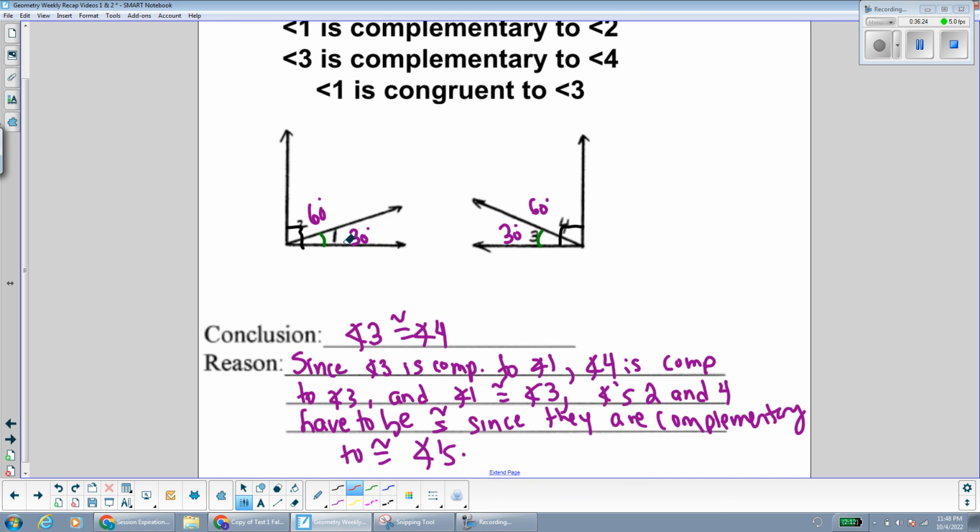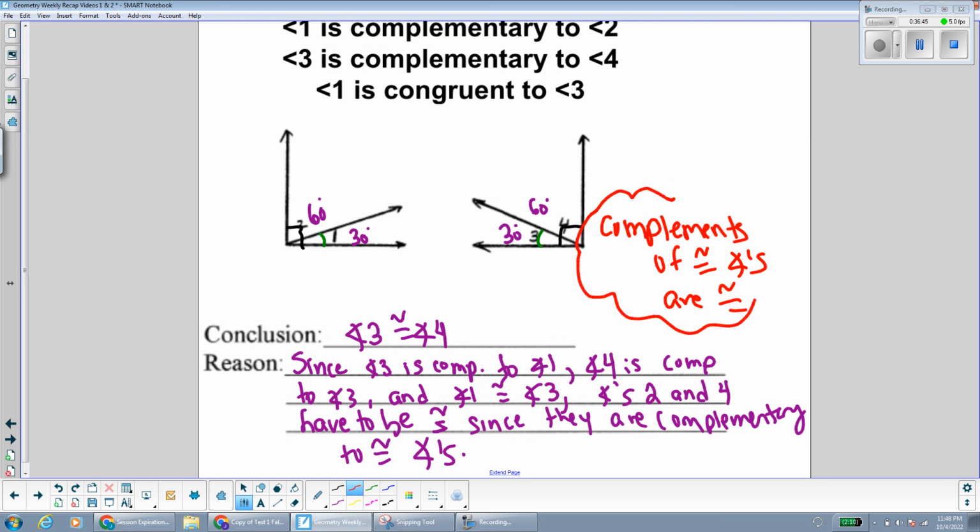We have a shortened way of writing out this reason, and it's the reason we also used in the last slide. We can write complements of congruent angles are congruent. And that completely justifies what we said here in shorter words and fewer words.